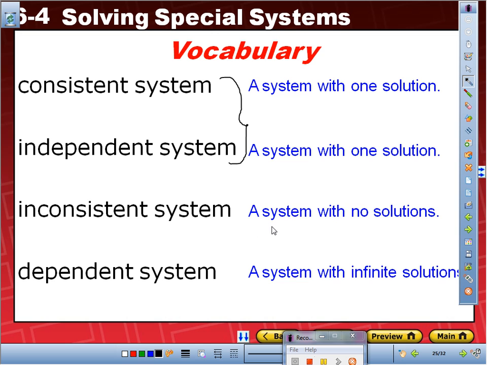Inconsistent systems are systems with no solution. And dependent systems are systems with infinite solutions.